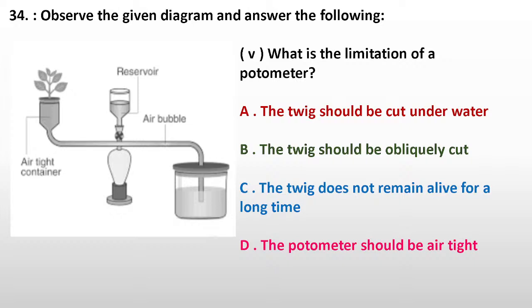So potometer. So the correct answer for this question is C. The twig does not remain alive for a long time. This is the limitation or a drawback of the potometer.